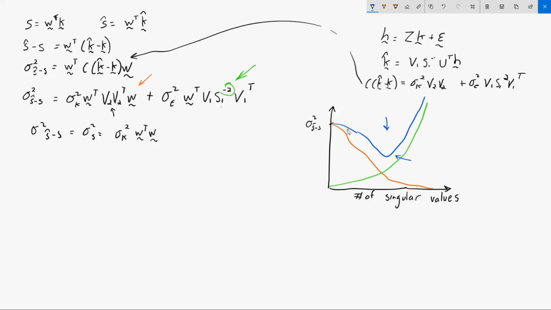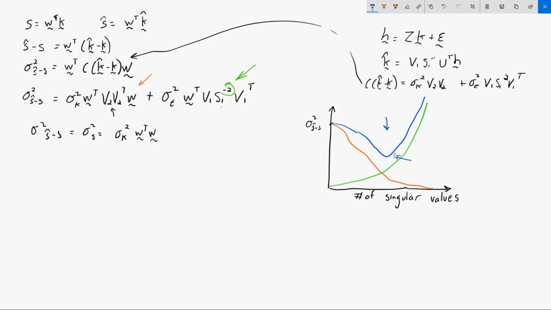As I get a better and better fit and truncate at a higher and higher number of singular values, the error variance of any prediction I make with the model gets smaller. At some point, the information that I receive from the calibration dataset is not worth receiving because it is too contaminated with measurement noise.